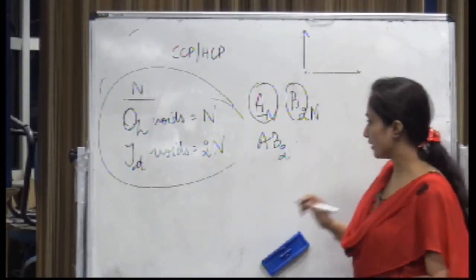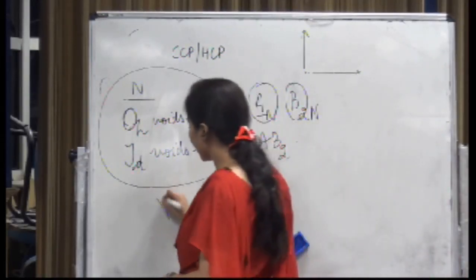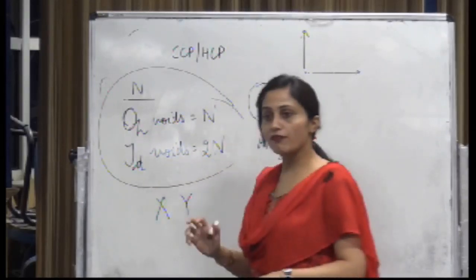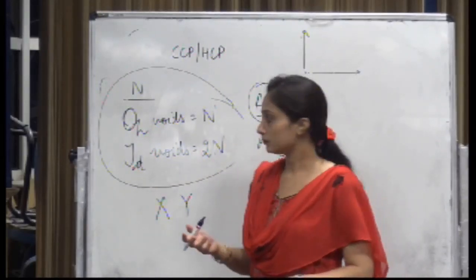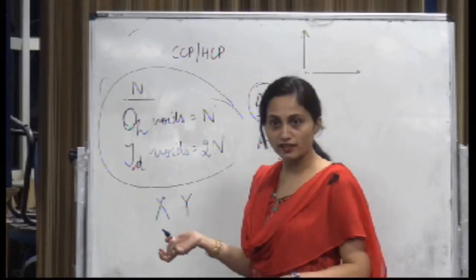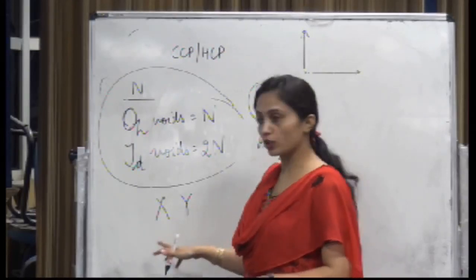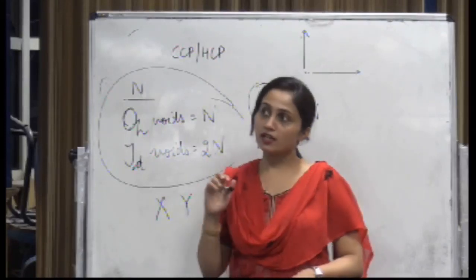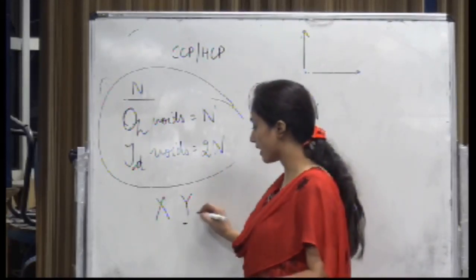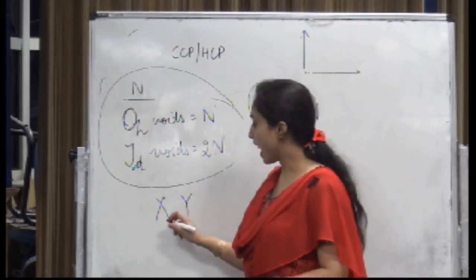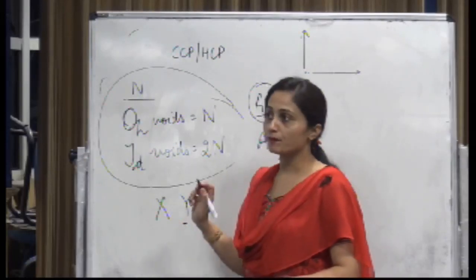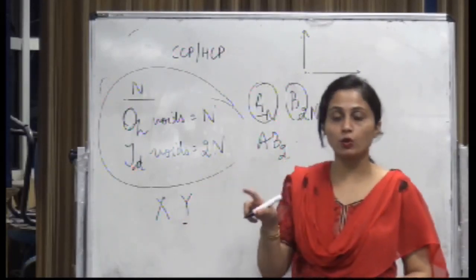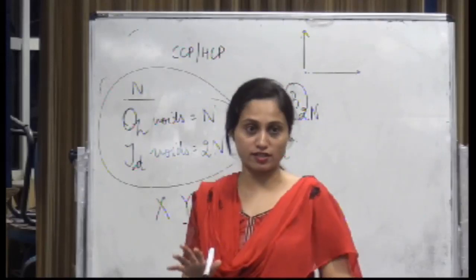Alright. Now if I have another compound XY, where Y occupies all the octahedral voids and X occupies 2/3 of the total number of tetrahedral voids.